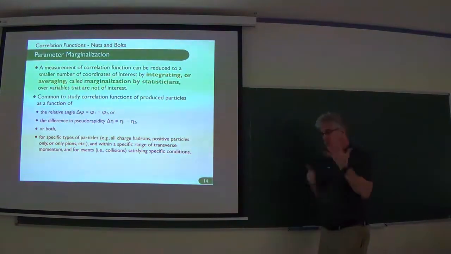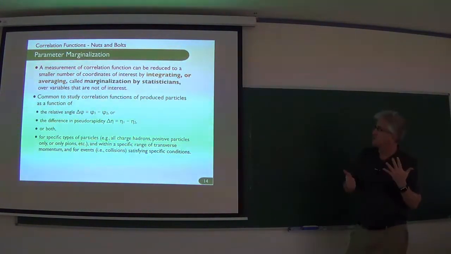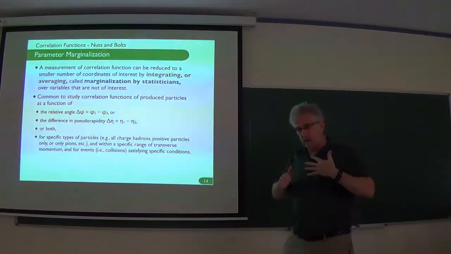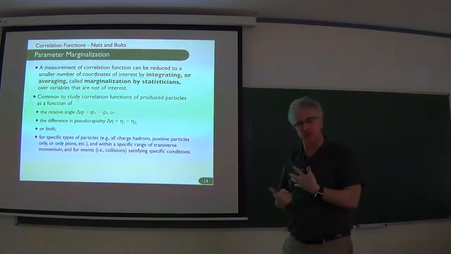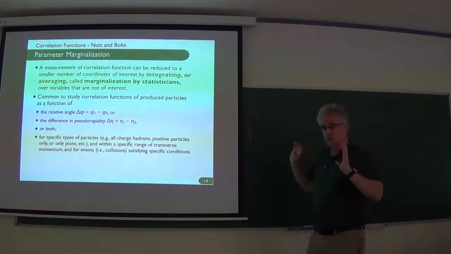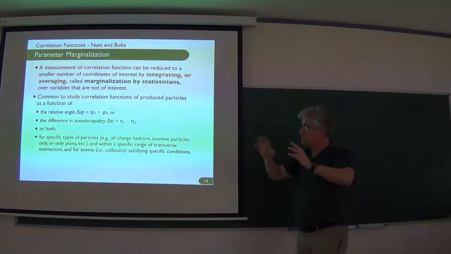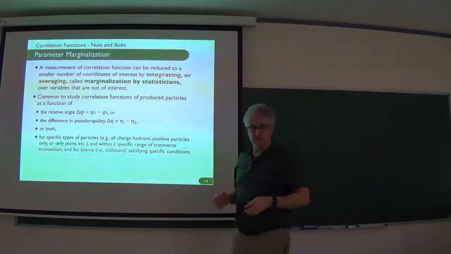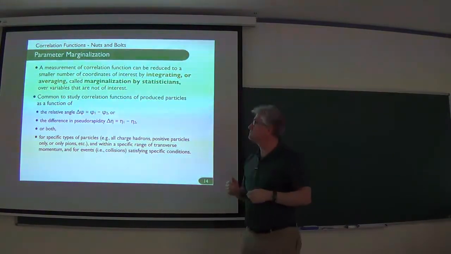So we have 6 dimensions. It's too complicated, so we're going to implicitly do some averaging, which the statisticians call marginalization. And so we're going to project this and average the 6-dimensional space onto just a few coordinates.